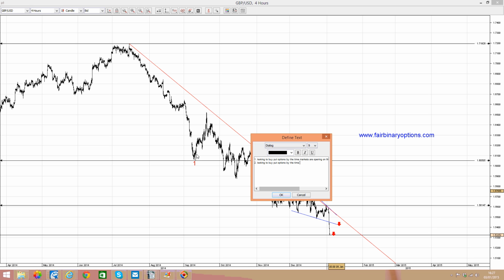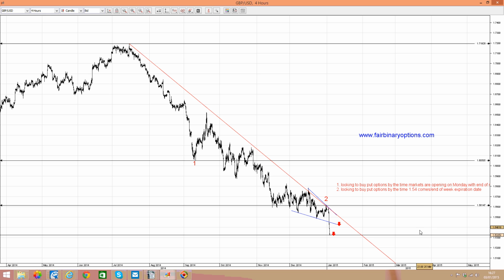Now the closing on Friday was 153.25, so by the time 1.54 comes, the expiration date would be end of week. If it comes in the first half of next week, no problem, we'll buy them with end of week. If it comes on Friday, basically it's going to be end of day. It doesn't really matter. This is a trading plan for the Great Britain Pound US dollar.